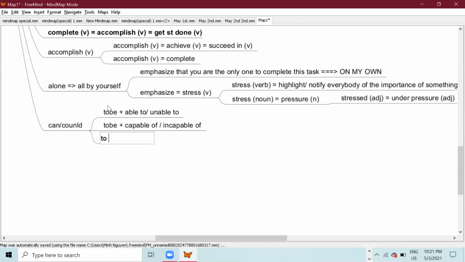And there is one more thing that you can use for the word can, that is to possess. Possess is an action verb in English, or to own is an action verb in English. And then you use one more noun, capability of something, or ability of something, or skill of something. So if you don't want to use an adjective like able to, you can use a verb like possess or own: capability of speaking English, ability of speaking Chinese, skill of solving customer problems, for example.